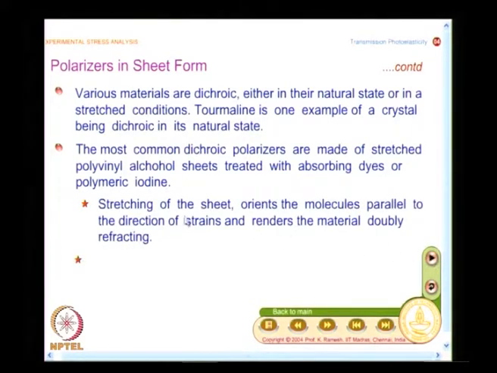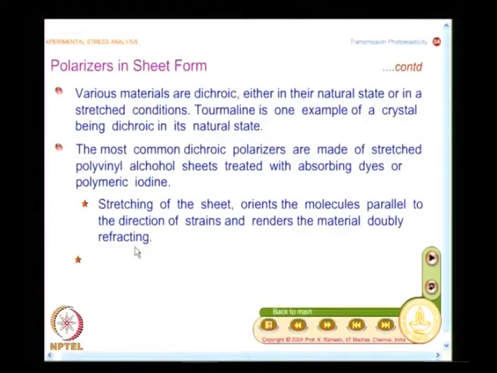Stretching of the sheet orients the molecules parallel to the direction of strain and renders the material doubly refracting. So, the first step is you stretch it, and because of the stretching process the sheet becomes doubly refractive. So, it behaves like a crystal.